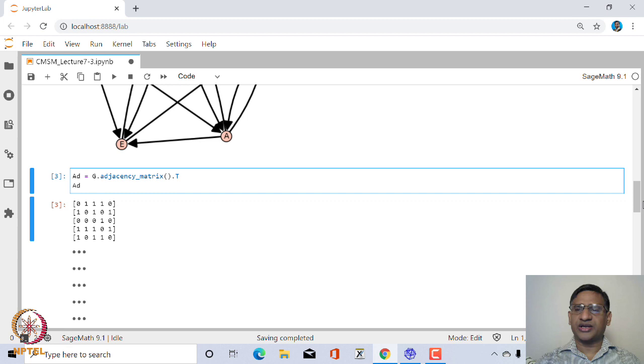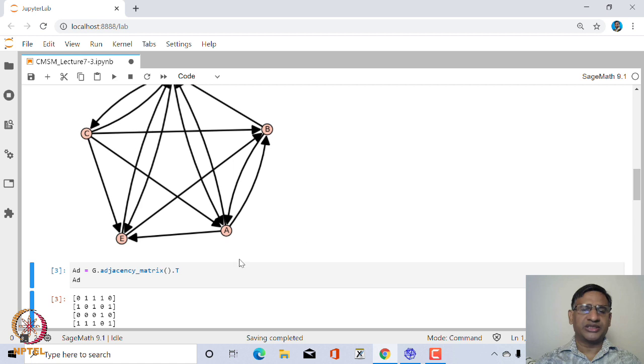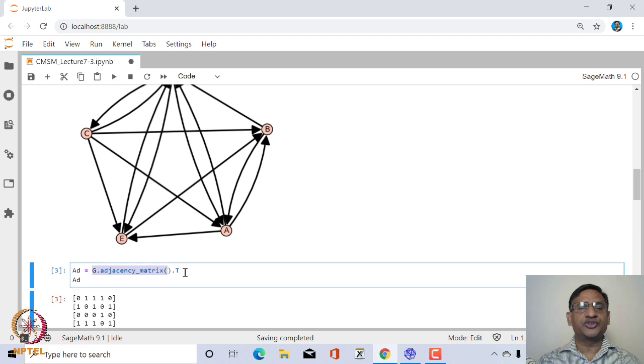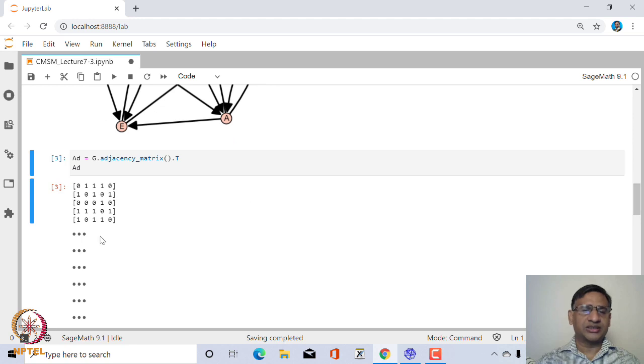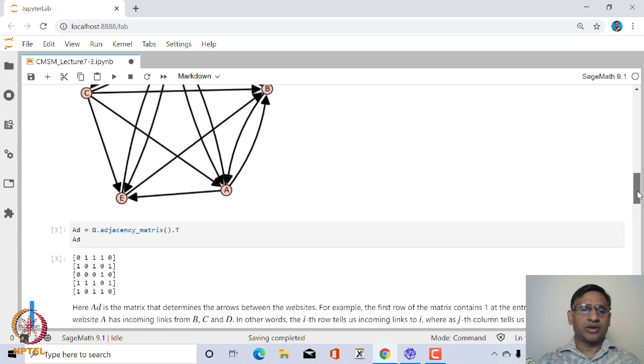If you are taking the ij-th entry as 1 when there is a link from i to j, then it will be the adjacency matrix, but as I said we will take the ij entry equal to 1 when there is a link from j to i. That is why we are taking the transpose of this, right. Now, look at this adjacency matrix and look at the rows and columns.